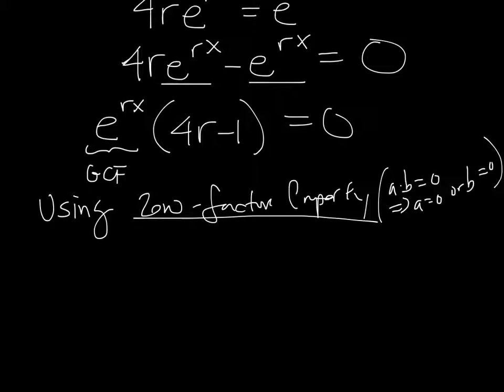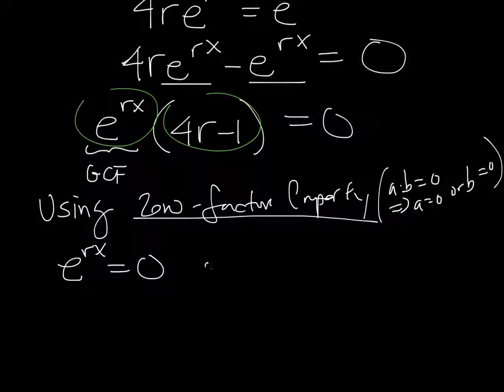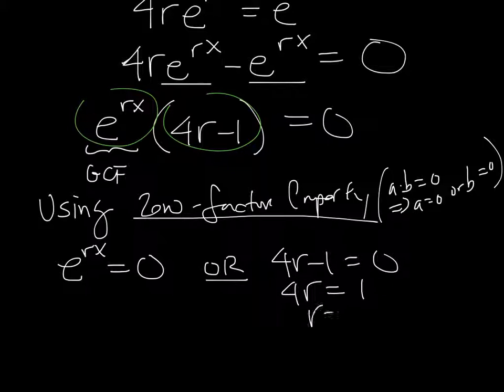So in this case, this is like my a, and this is like my b. So I have e to the rx is equal to 0, or 4r minus 1 is equal to 0. If we solve this easy linear equation, r is a fourth. So we found our value of r.